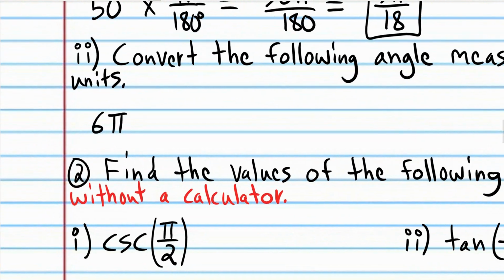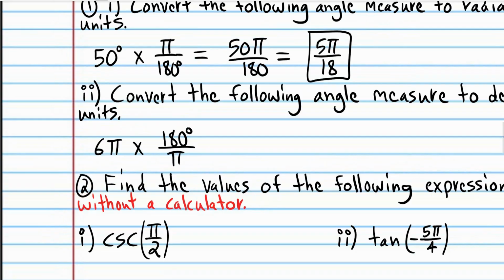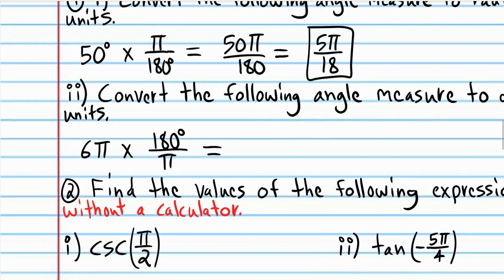Okay, we're back. So when you convert to degrees, you multiply by the same conversion factor, except you flip it. And the pi's cancel out. I guess we can write what that would be.